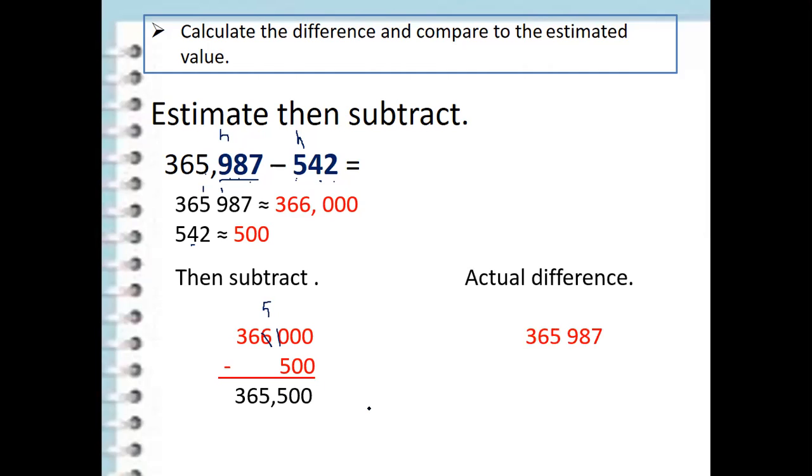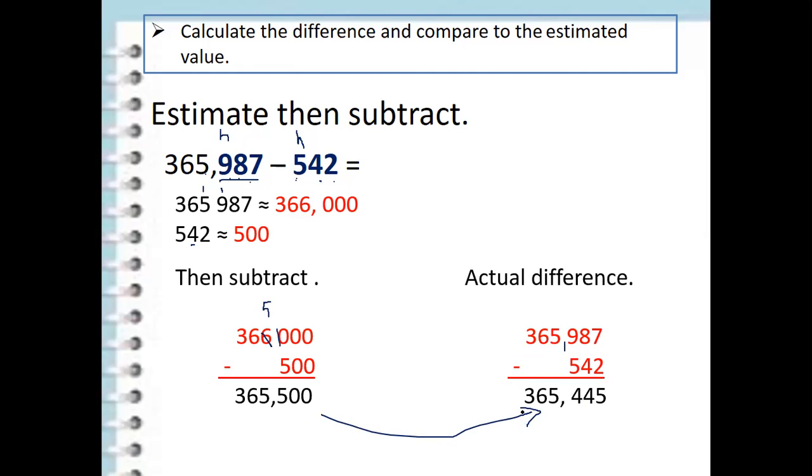Let's subtract 365,987 minus 542. 7 minus 2 is 5, 8 minus 4 is 4, 9 minus 5 is 4. Therefore, the answer is 365,445. Okay, so are they close?